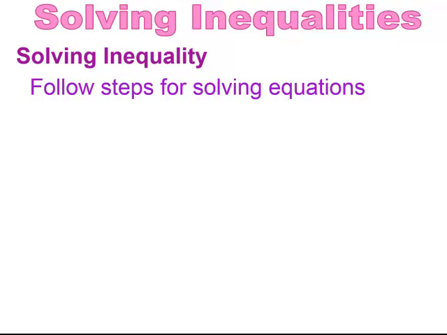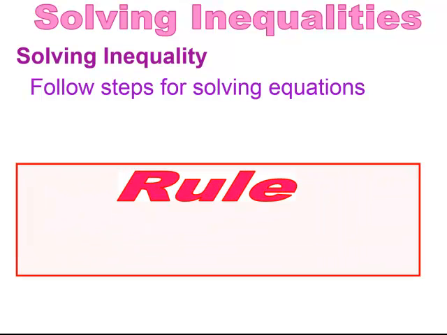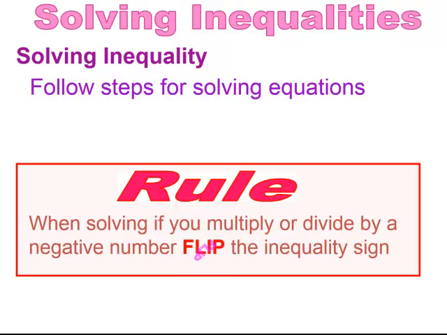When we're talking about solving inequalities, it follows the same steps as solving an equation. So when we are solving an inequality, we're going to use the stepping process for equations. Now there's one rule that you have to know, and the rule is this.